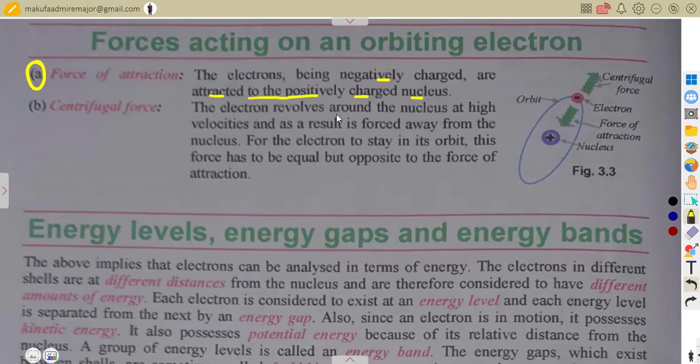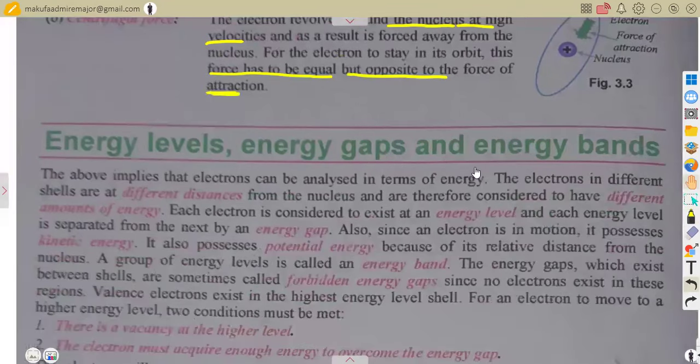The electron revolves around the nucleus at high velocities, and as a result, it is forced away from the nucleus. For the electron to stay in its orbit, this force has to be equal but opposite to the force of attraction that you had before.